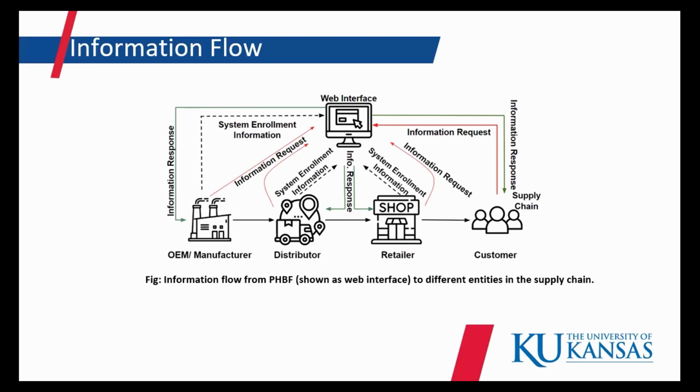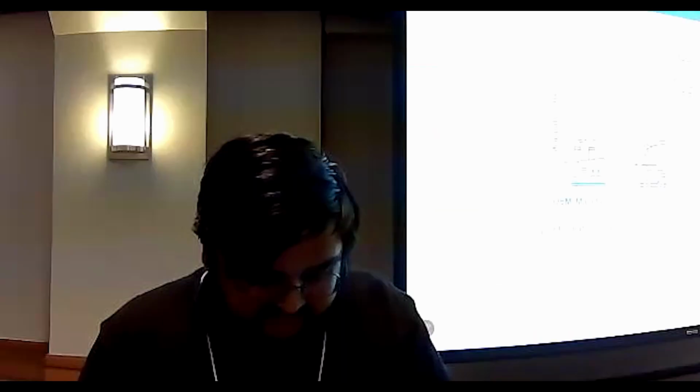The entities maintaining the PHBFs are connected to a secured centralized server which constantly updates the ICs on their entry, so that anyone within the entities or the components of the supply chain can have access to the records.